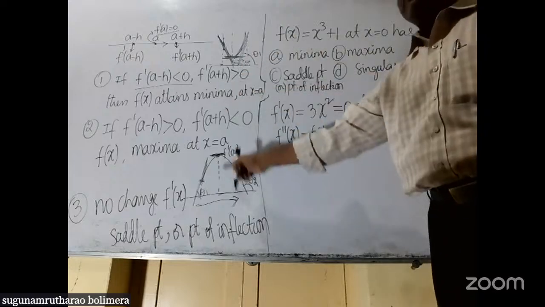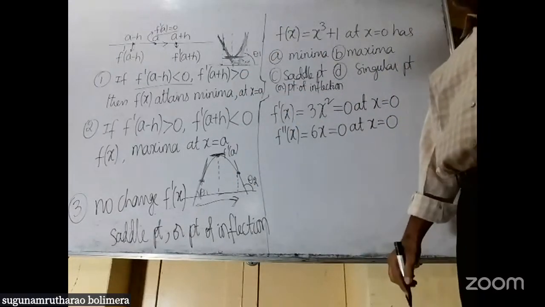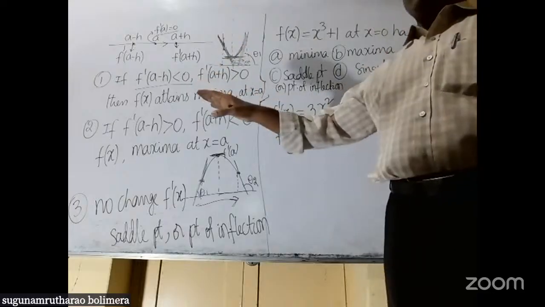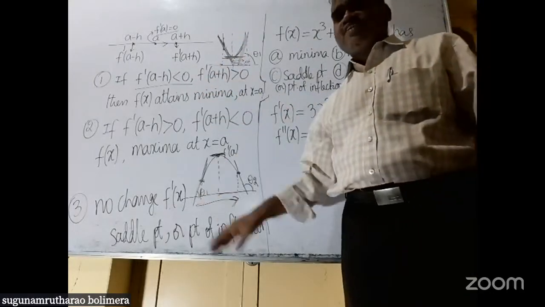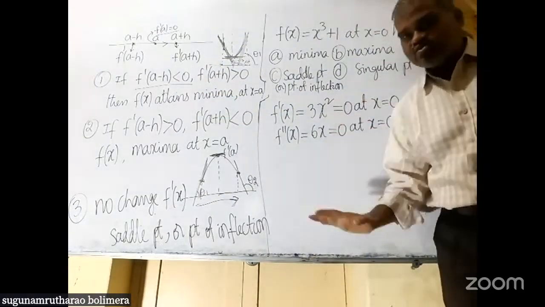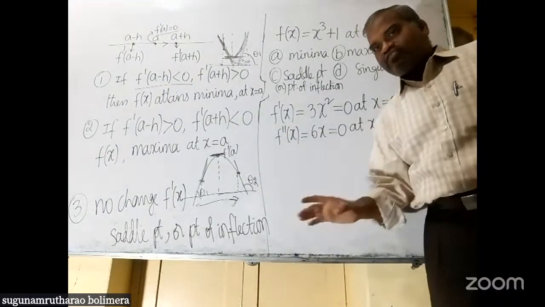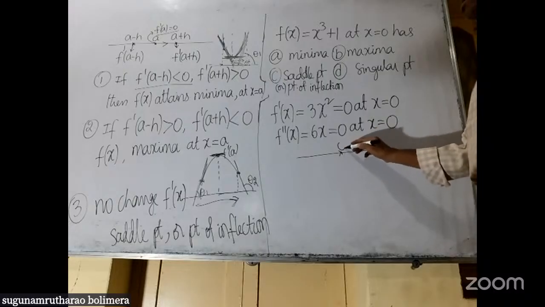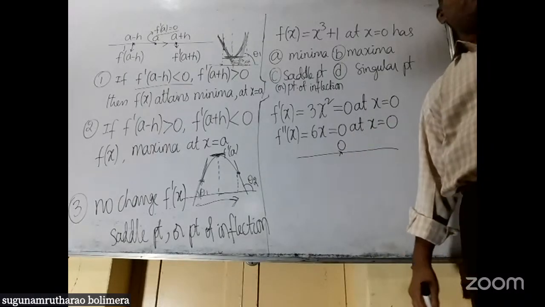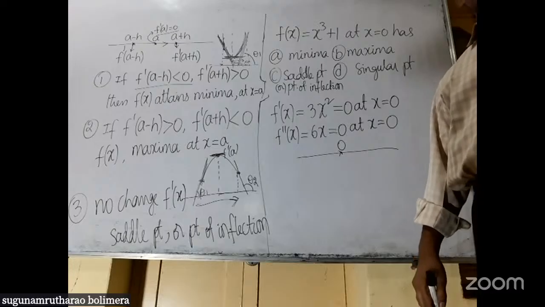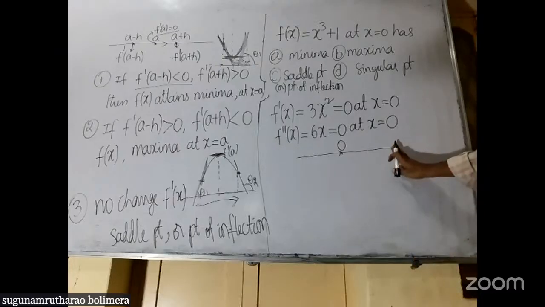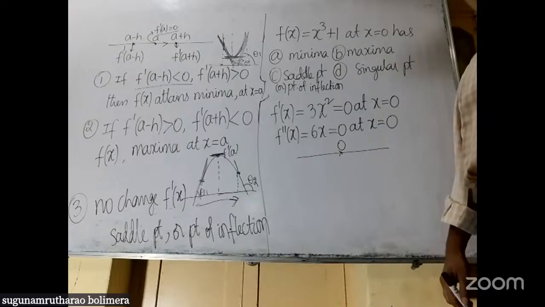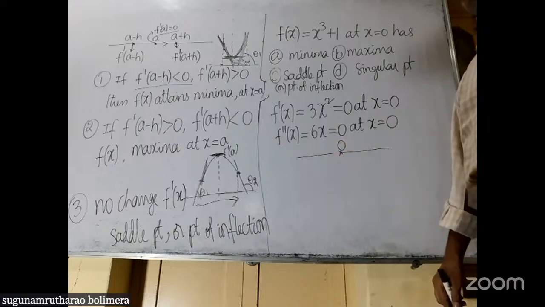As per the previous concept, if both f dash of x is 0 and f double dash of x is 0, we need to verify the change of sign of f dash of x at the point 0, in its neighborhood. Do remember, in its neighborhood.